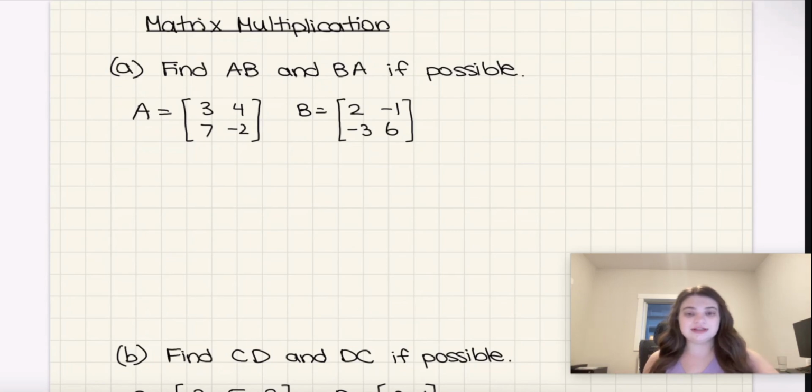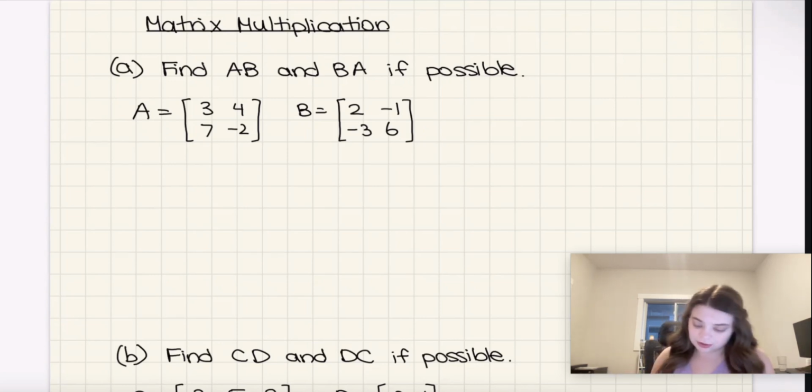But sometimes it's only possible to find one of them, depending on the size of the matrices, and other times it's not possible to find either of them. And so that's important to keep in mind.